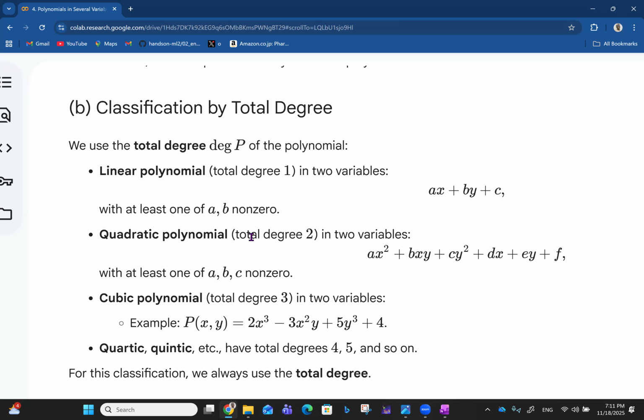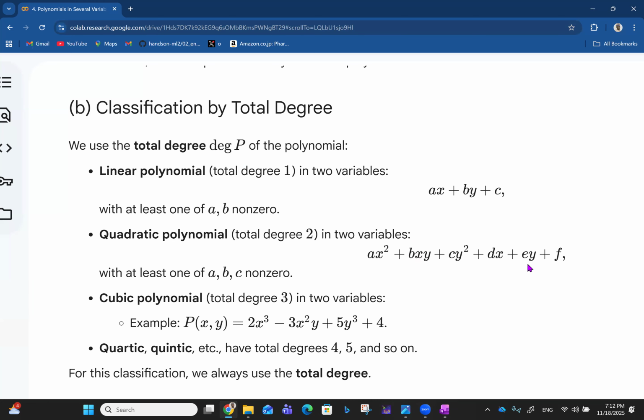Then you have a quadratic polynomial, that's total degree 2 in 2 variables. So you have ax squared plus bxy plus cy squared plus dx plus ey plus f. Here x is 2, y is 0. The degree of this monomial is 2. Here x is 1, y is 1. The total degree is 2. Then cy squared, x is 0, y is 2. The degree is 2. Here x^1 y^0, the degree is 1.